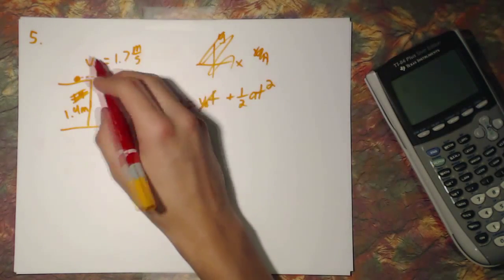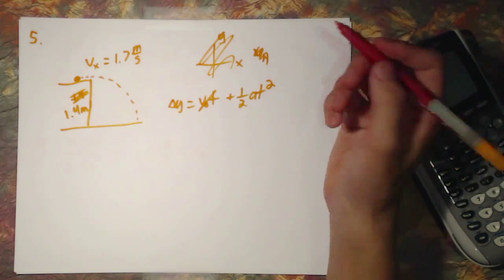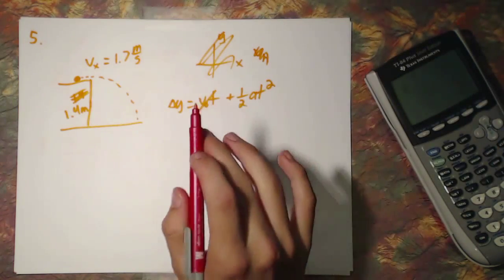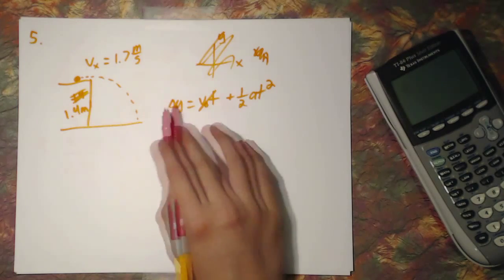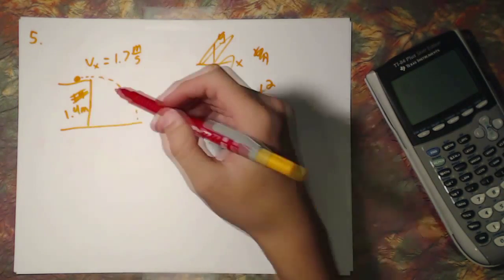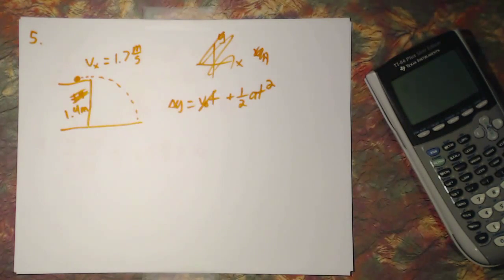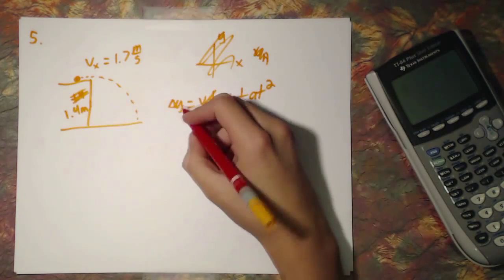But wait, this is an initial velocity. No, it's not. It's only horizontal velocity. And this equation, because we're using delta y, is dealing exclusively in vertical motion, and this is horizontal motion. So we're going to start plugging things in.